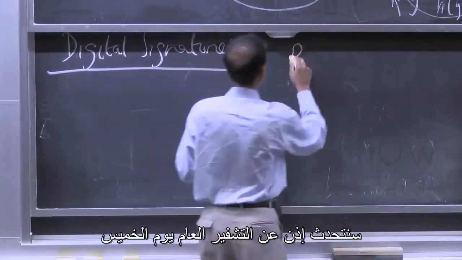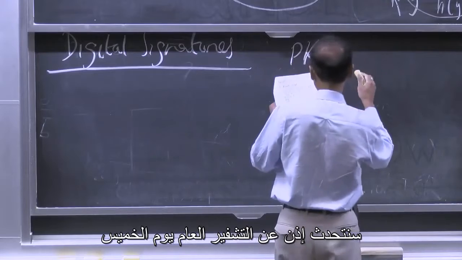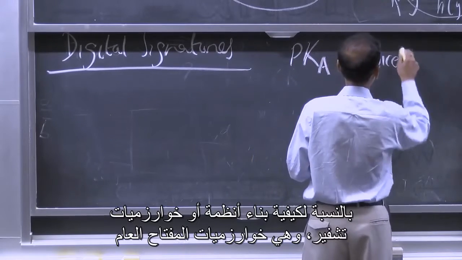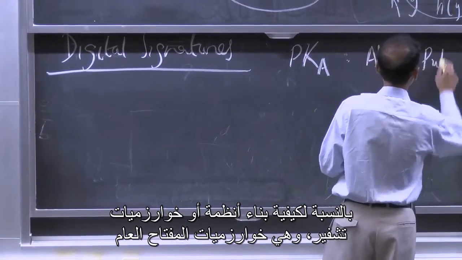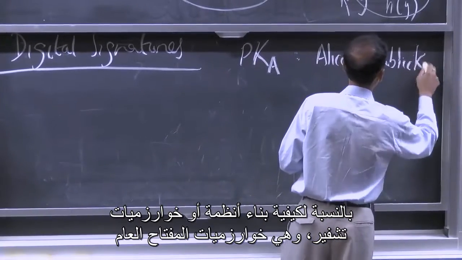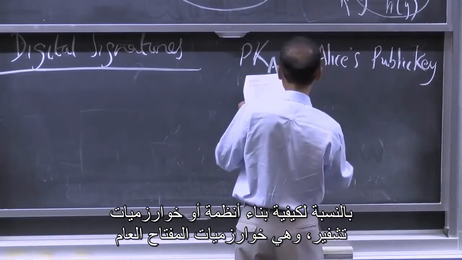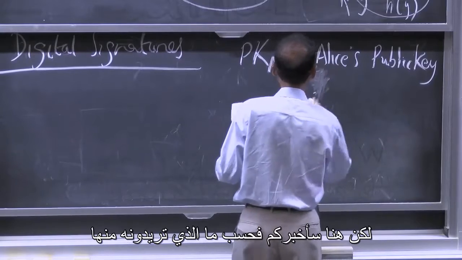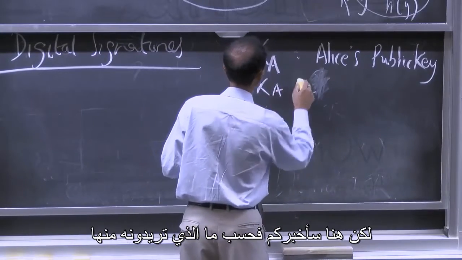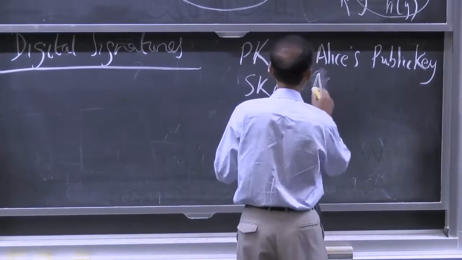So we're going to talk about public key cryptography on Thursday in terms of how you could build encryption algorithms that are public key algorithms. But here, I'll just tell you what we want out of them.